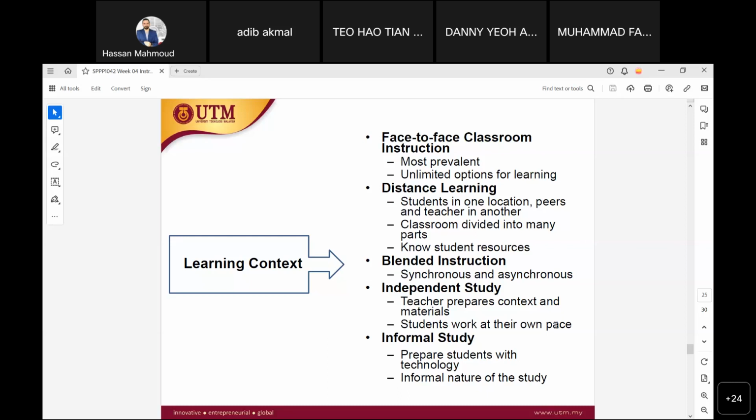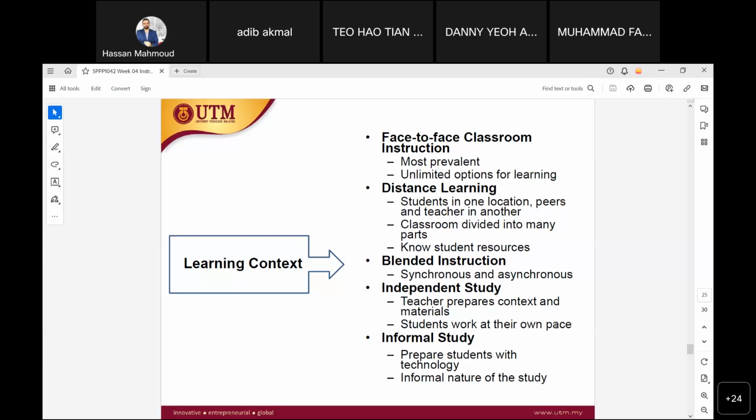Okay, we have an answer from Sarah. Learning context explains the nature of the classroom. Learning strategies explain how to teach. Perfect, Sarah. Thank you very much. So learning context is the environment. Short answer. Learning strategy is how to teach.